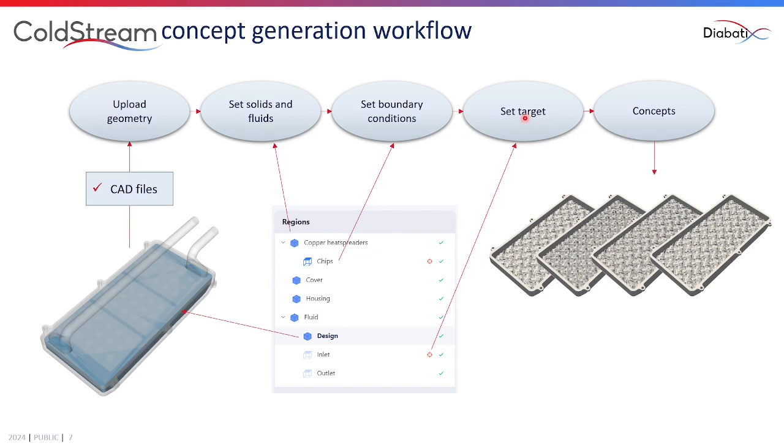Most likely heat exchange efficiency maximization, or it might be weight minimization, or the equivalent constraints. Colsim has 20 plus targets that you can mix and match however you see fit. And that's it. Once you complete all 4 steps, Colsim knows enough, and it will start computing and output those concepts to you.